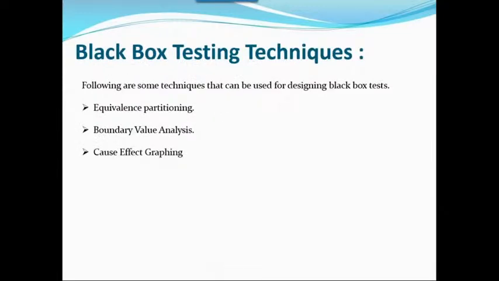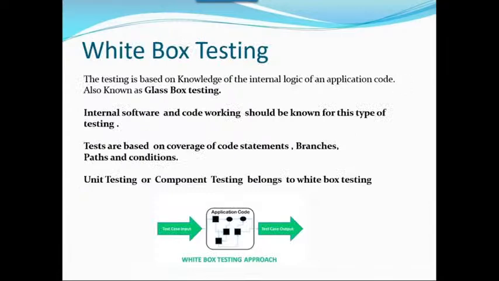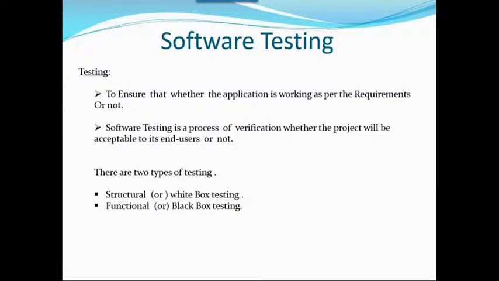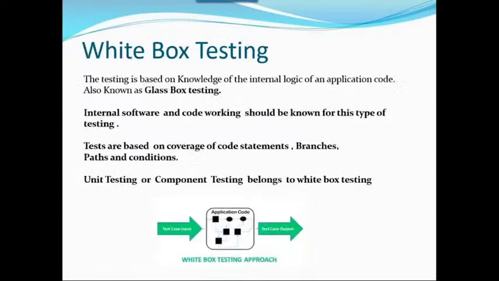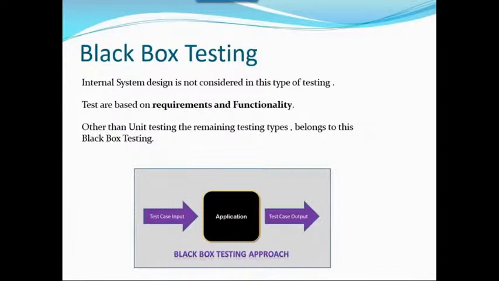Is it clear? Anybody have any questions? It's very important: testing is of two types, structural and functional. Structural testing is done by the developer, and functional testing is done by the QA. Any questions here? No? Good.